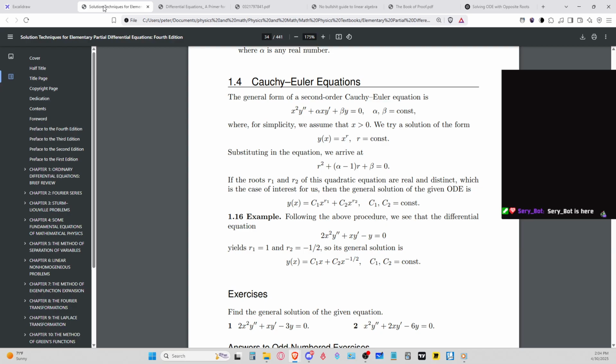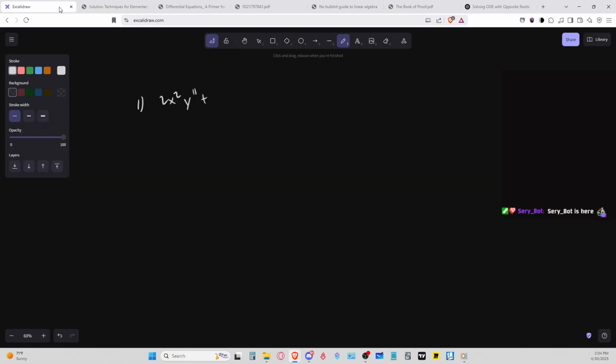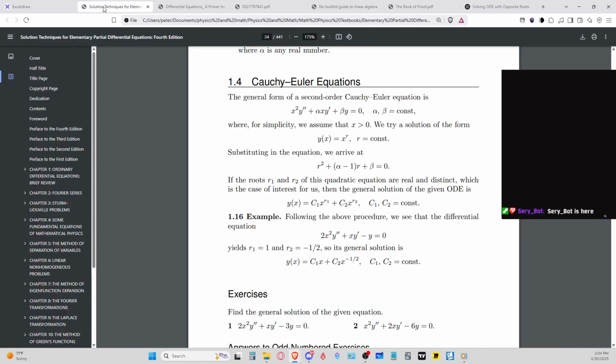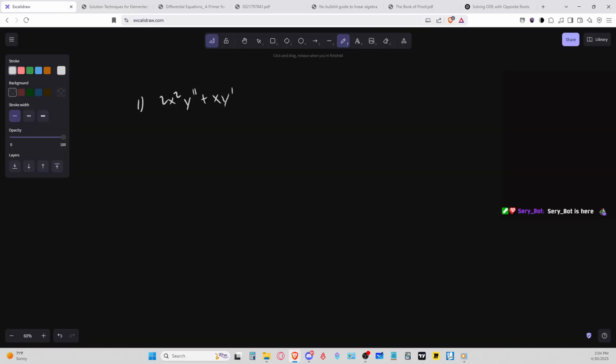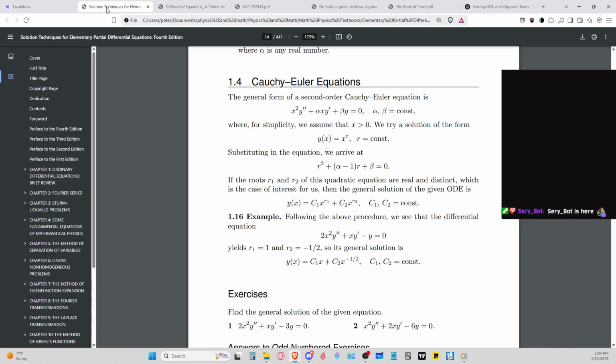So we have 2x squared minus 3y equals, I think they're both equal 0.